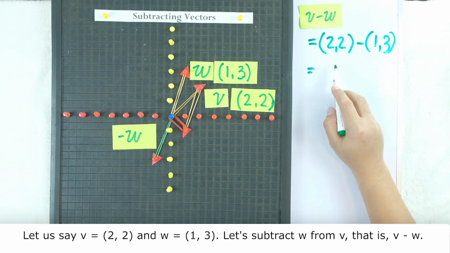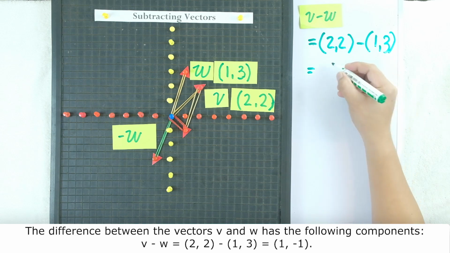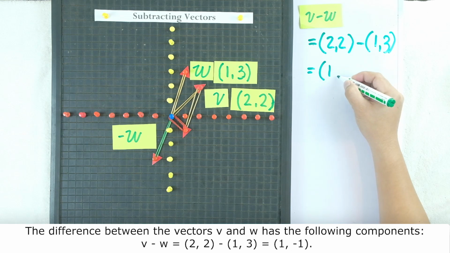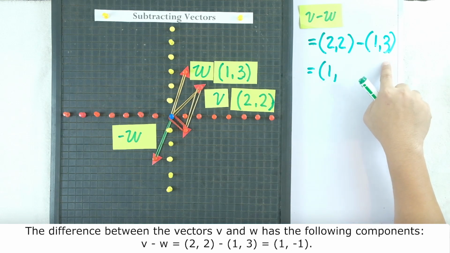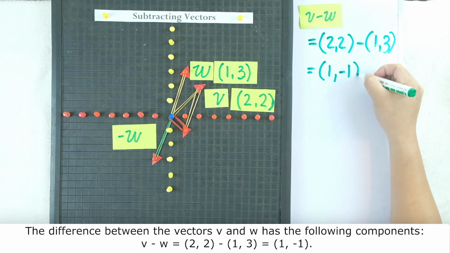Then subtract the corresponding components. 2 minus 1 is 1. 2 minus 3 is negative 1.